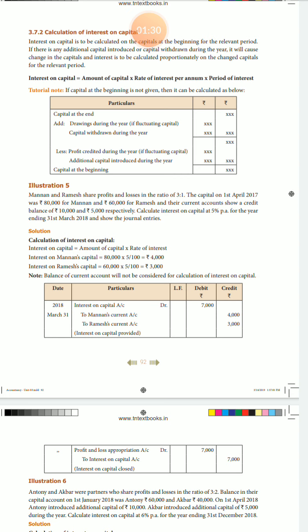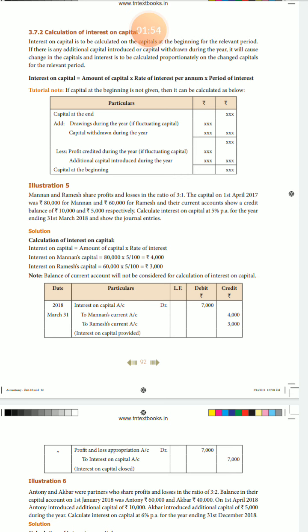The calculation formula is interest on capital equals amount of capital into rate of interest. First you write interest on Mannan's capital. How much is Mannan's capital? 80,000 rupees.